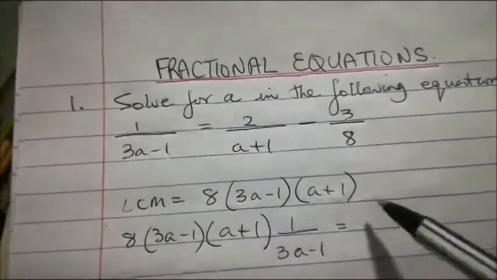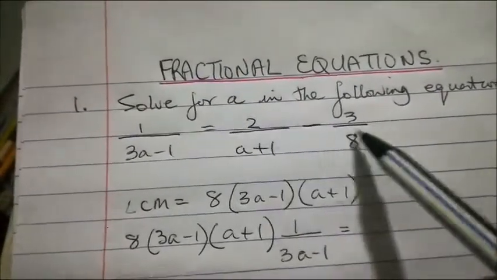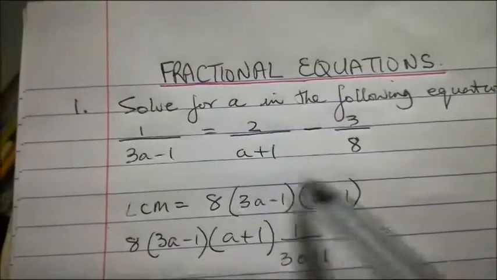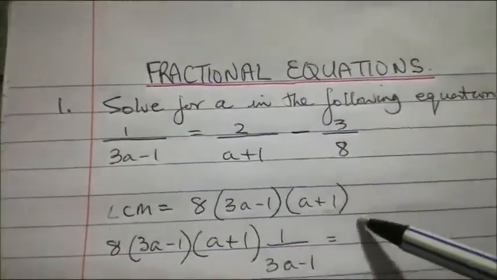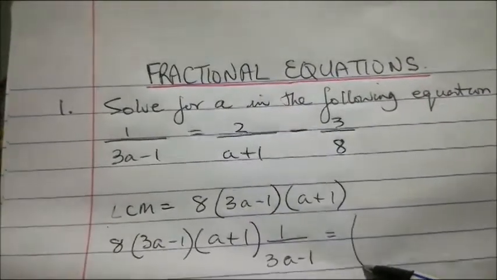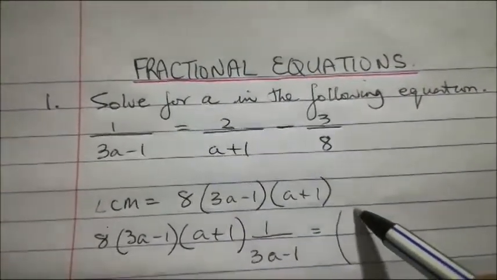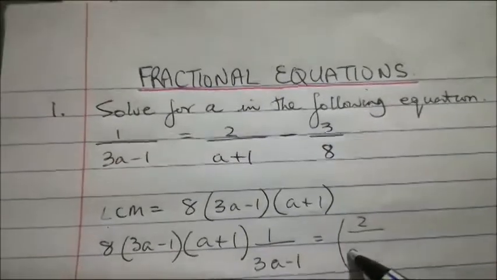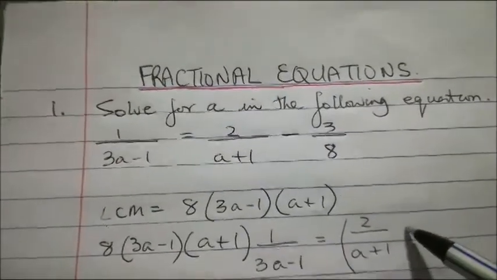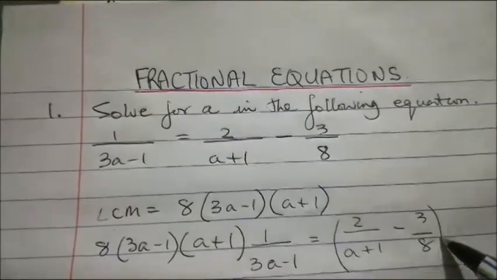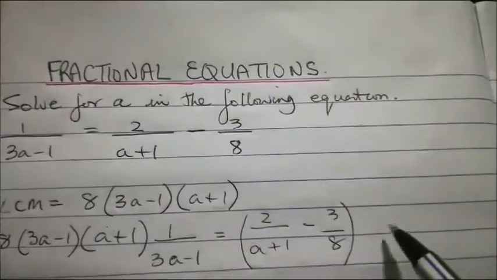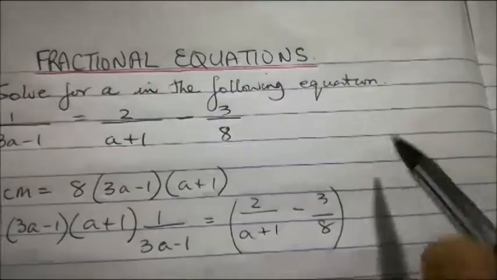We actually bring down the equal sign, and this is going to be repeated for the LCM. All of this over here is going to be multiplied by the LCM. But we have to put everything in bracket on the right hand side. So we're going to have 2 over a plus 1 minus 3 over 8. When we complete the bracket, we're going to write the LCM on this side now.